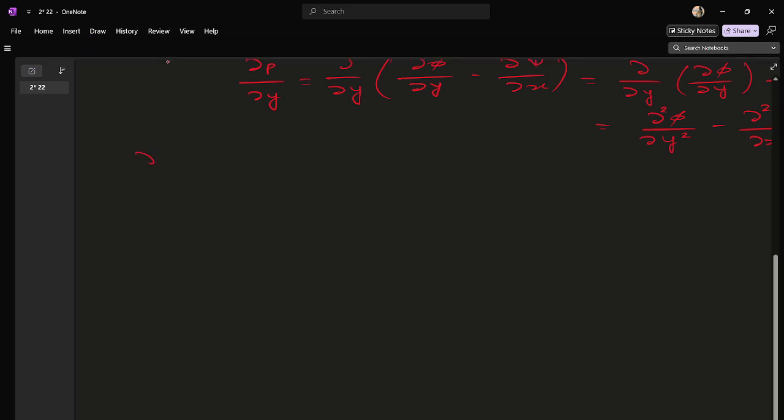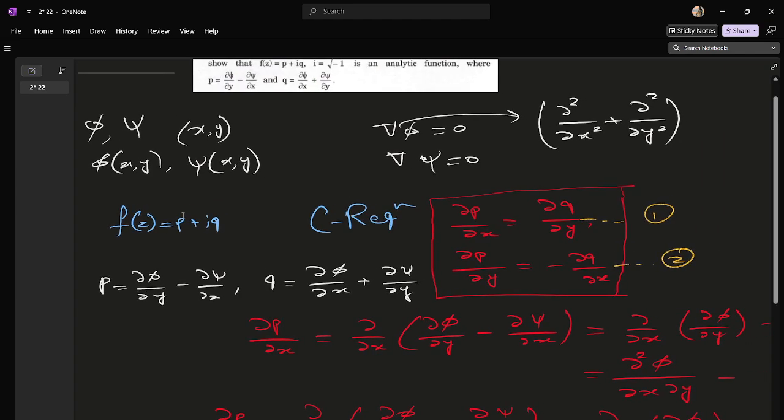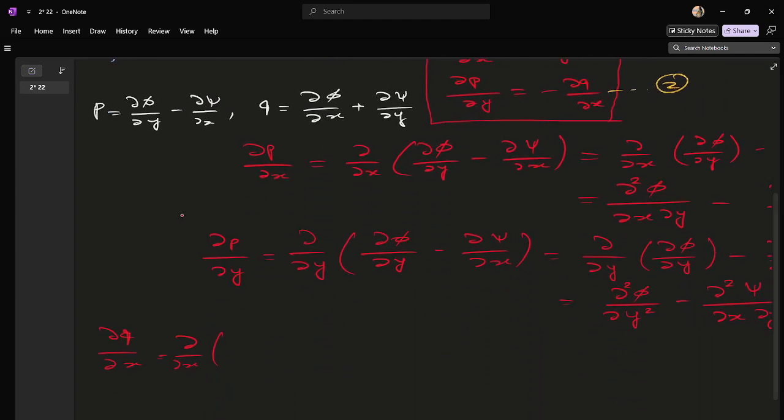Now I am finding del q by del x. After all the findings, the magic will happen. So what is my q? My q is this: del phi by del x plus del psi by del y.